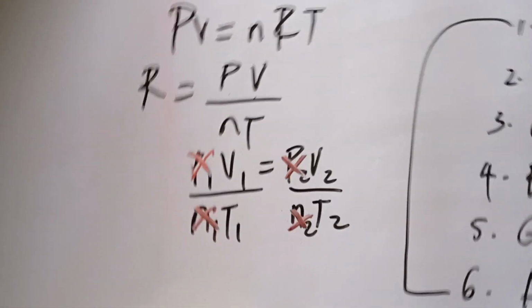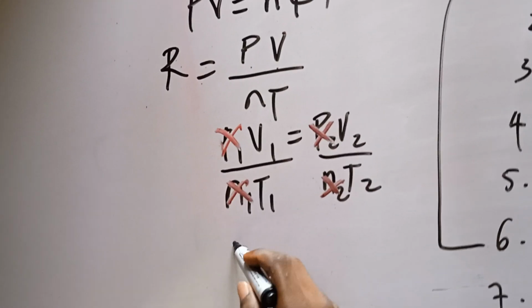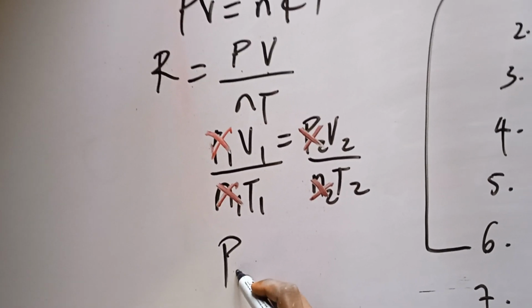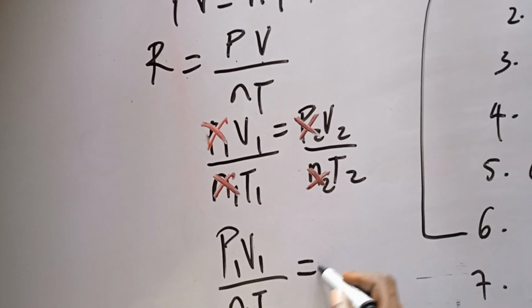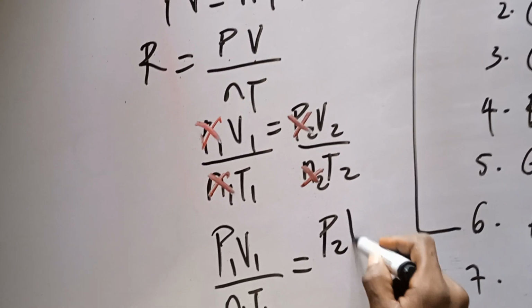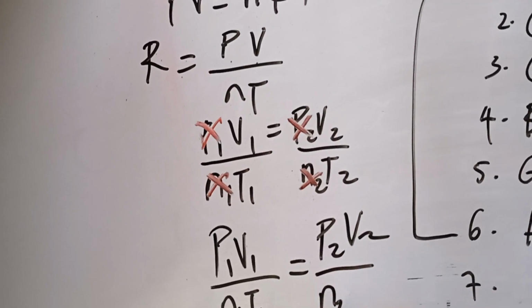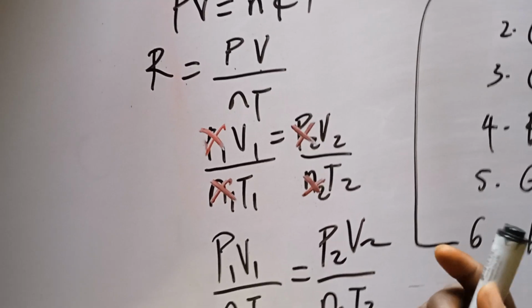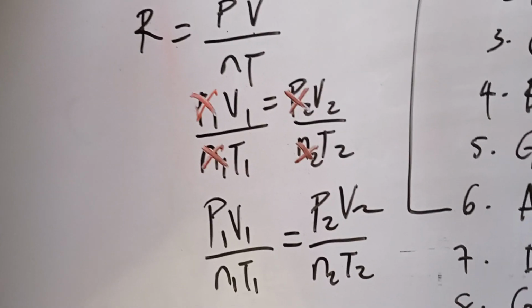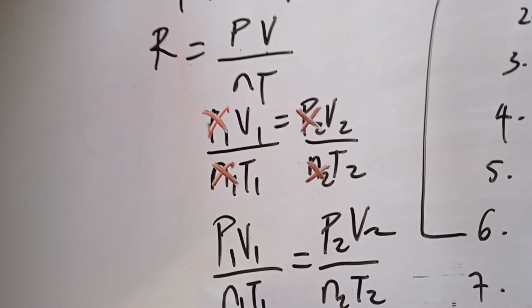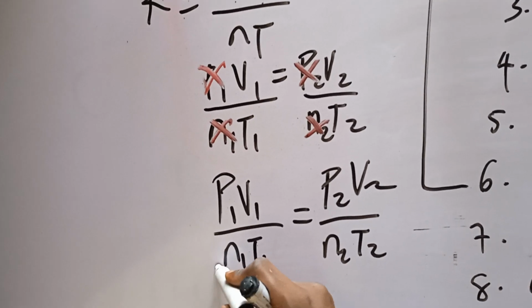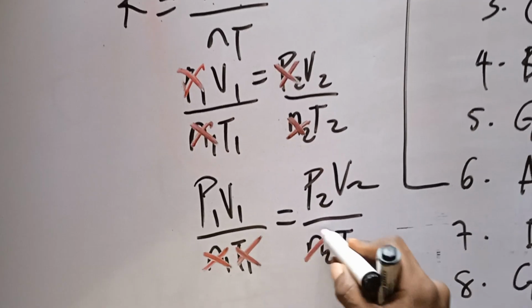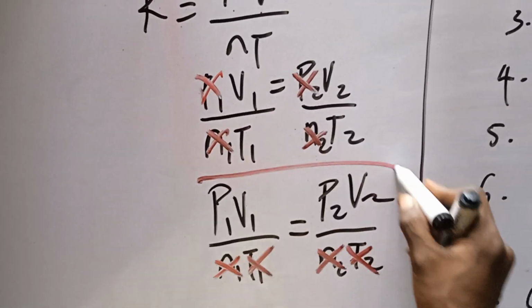Now for Boyle's law, let me have the same combined gas law here. Boyle's law is saying that at constant temperature, volume and pressure are inversely proportional. So cancel this. This is Boyle's law.